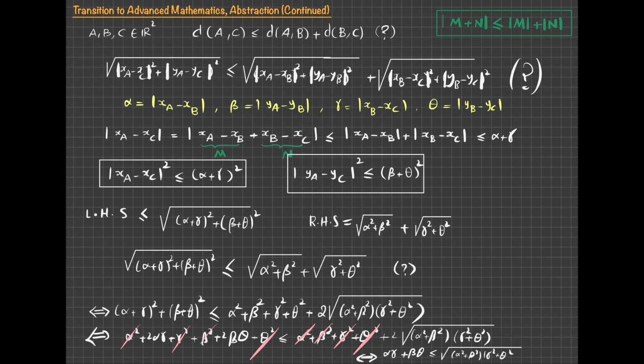But now I want to raise both sides to power 2, because it is still not clear to me if this inequality is true, even though it is simpler in form than the original inequality. I really don't know if this is the trivial one yet. So I have to continue simplification with the hope that I can come up with a simple inequality. If you don't mind, let me take this with me to the next page and continue from there.